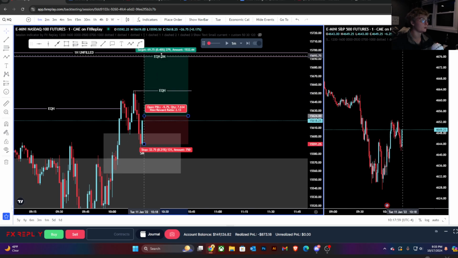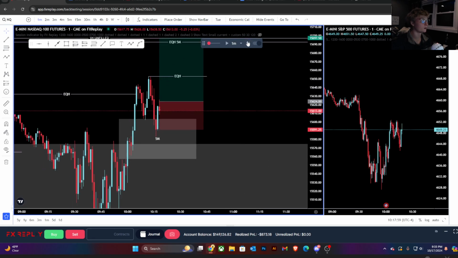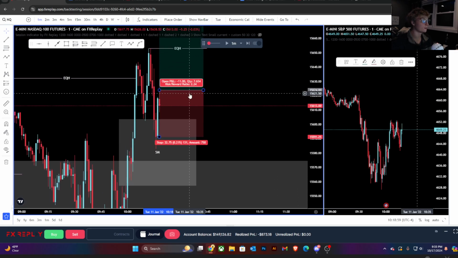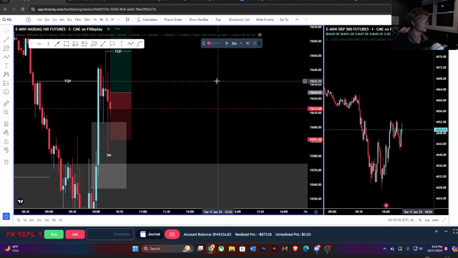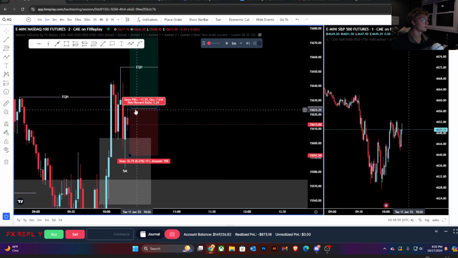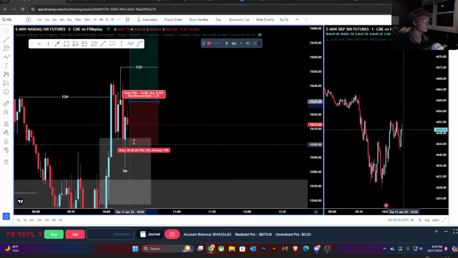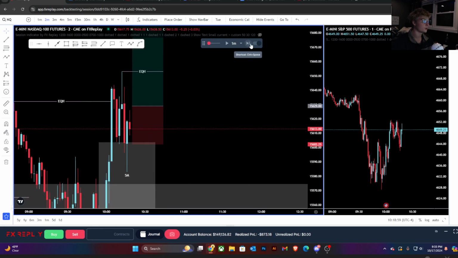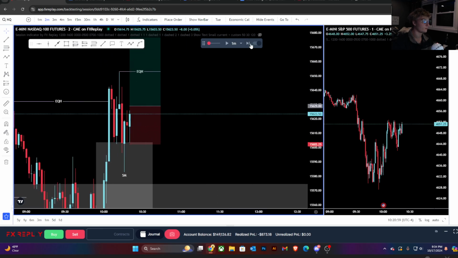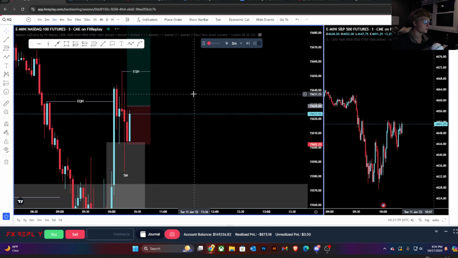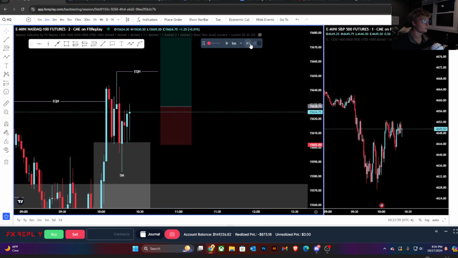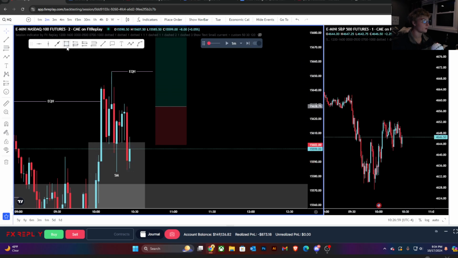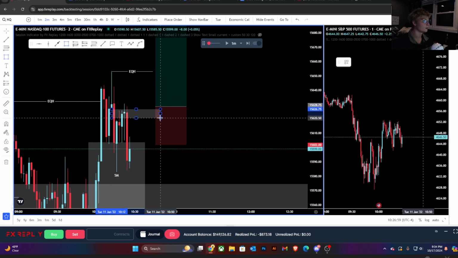TP1 and then TP2 up here. Let's see if we get an entry. I'm not in yet. I need this 1 minute inversion, which is now a 2 minute. Let's see if we get it. Not in yet. Alright, and 2 minute ended up holding here.